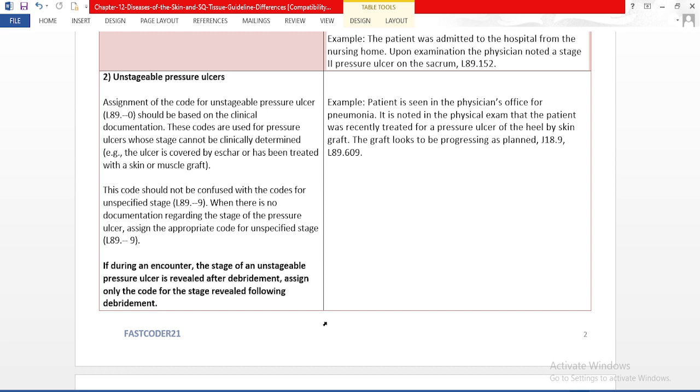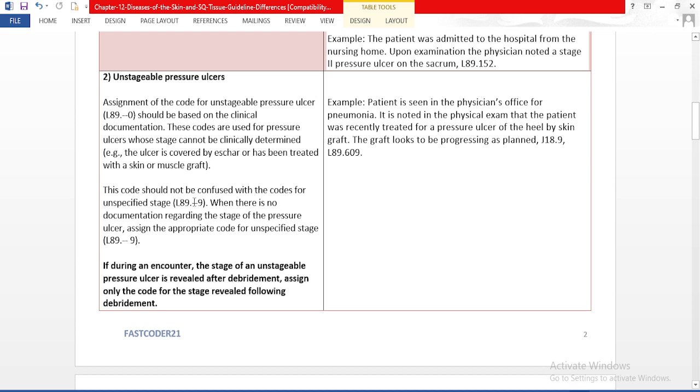The reason for that is the ulcer is covered by a scar or has been treated with a skin or muscle graft. So if the scar is there, the physician can't stage the pressure ulcer, or if a skin or muscle graft is used to treat the pressure ulcer, we can't identify the stage here.